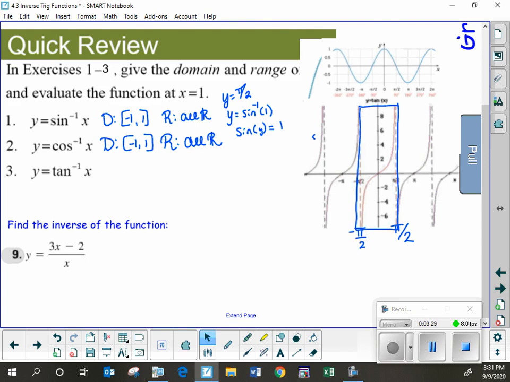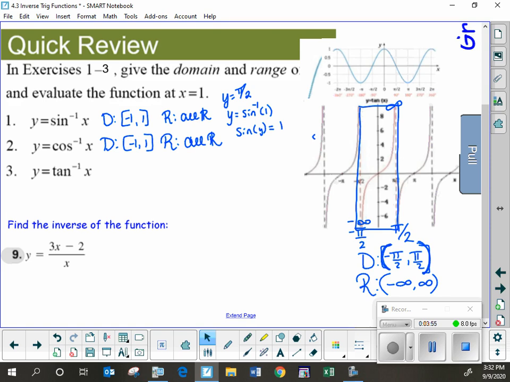So my domain on tangent would be restricted to -pi over 2 to pi over 2. I need parentheses, don't I? Not including endpoints. And the range looks like, well, it goes from -infinity up to infinity, or essentially all reals.